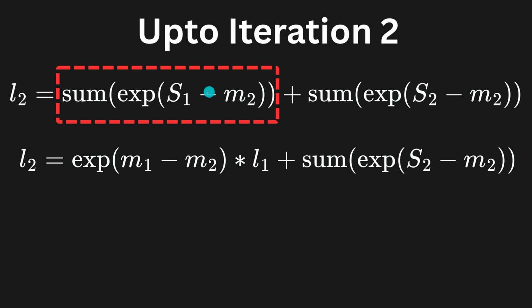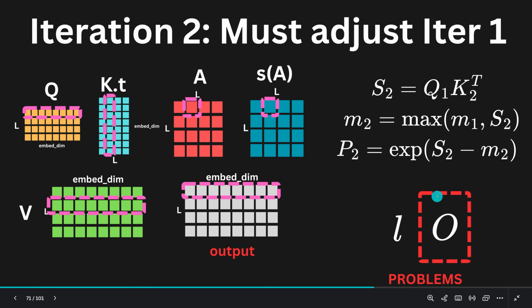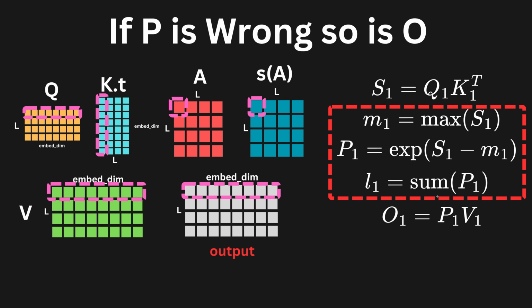And so up to iteration 2, this is the term that needs to be fixed, and we fix it by just doing this, right? We're going to replace all of this with L1 times exp M1 minus M2. And then we have, of course, the new values here, and the new values will be based on M2, because we're going to compute this right now, so it's okay. We're going to have all this be correct. And so in iteration 2, we fix L, but O, for the same reason, will also be a problem.